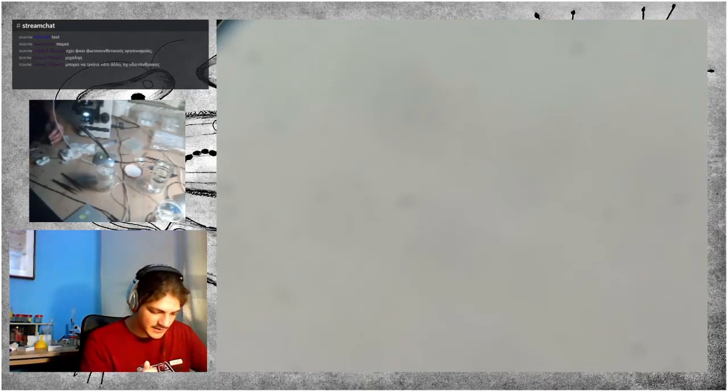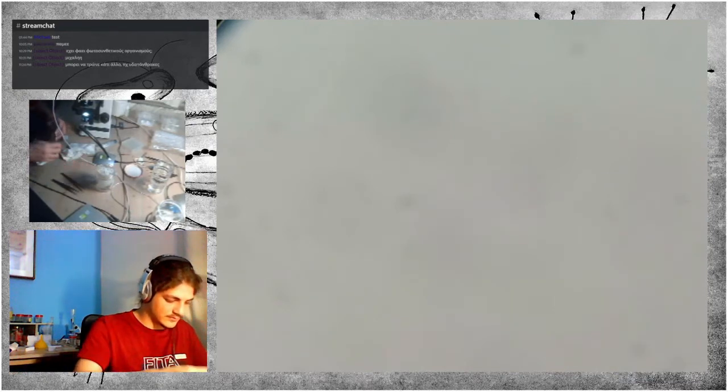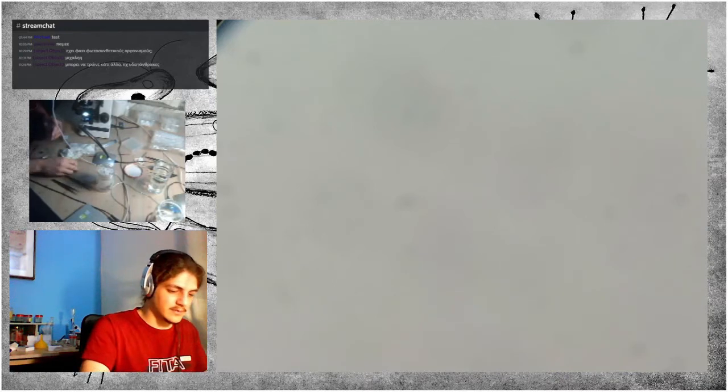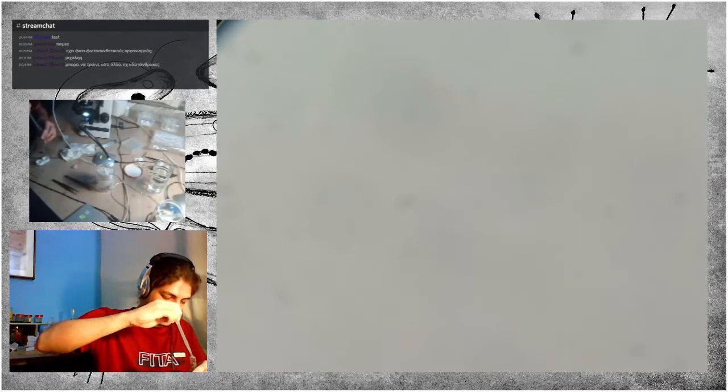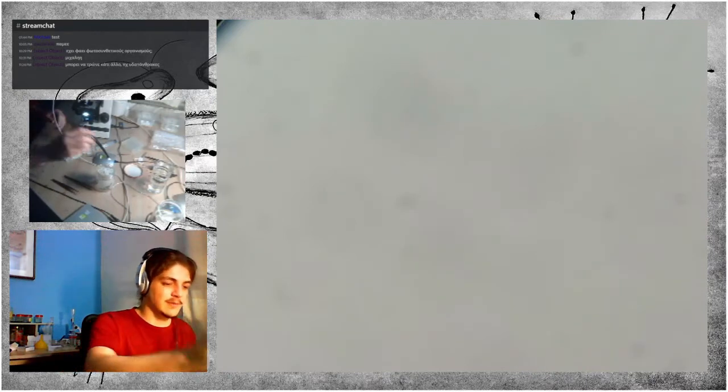I think that's enough water. Let's close the vial, put the water back, and put the cover slip on.